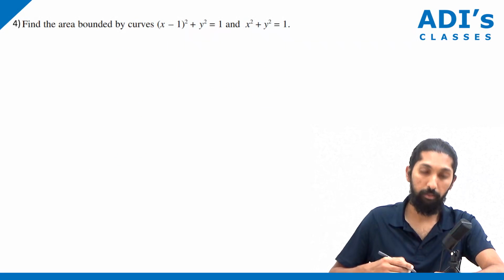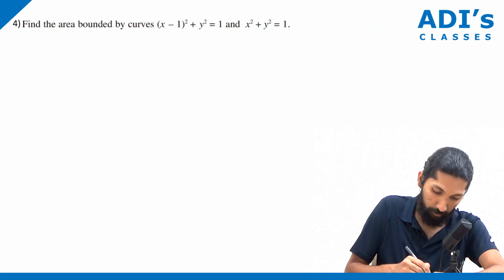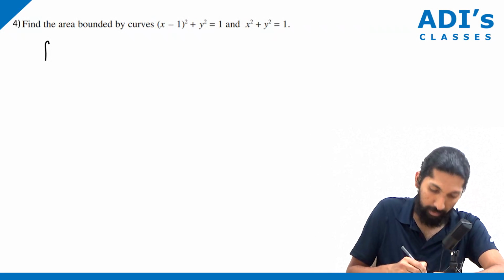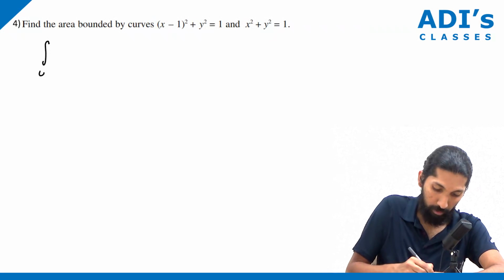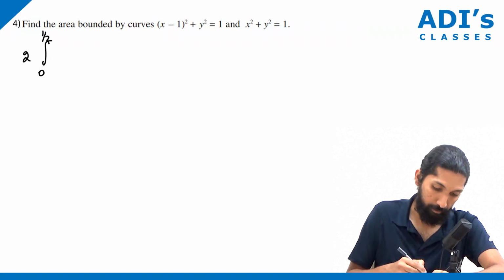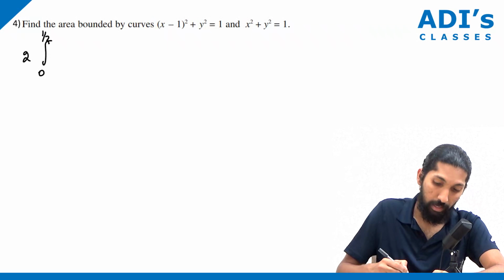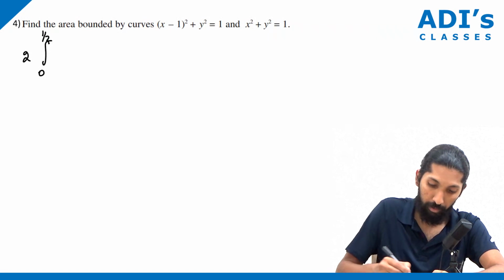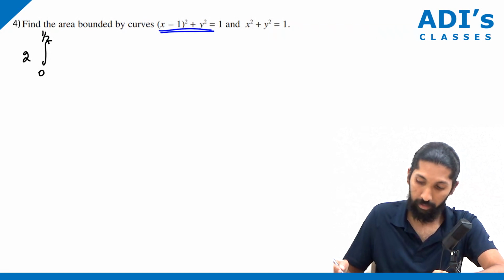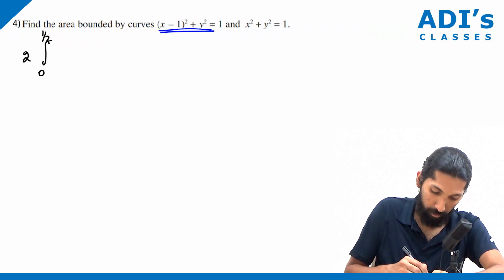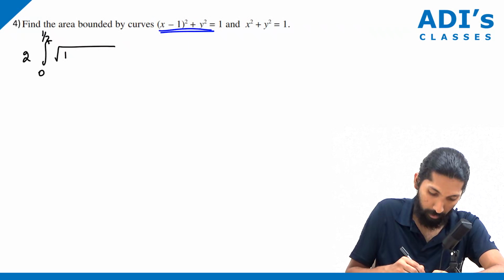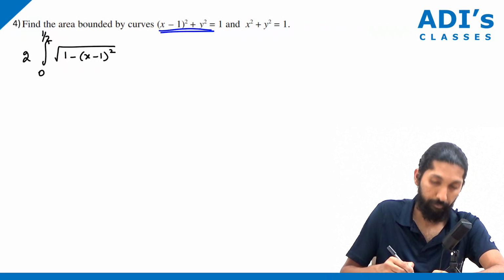First, we'll do the integral from 0 to half. Remember, 2 times 0 to half, and in this case we are taking this particular graph, correct? Since we are taking this graph, we have root of 1 minus (x minus 1) whole square, correct?